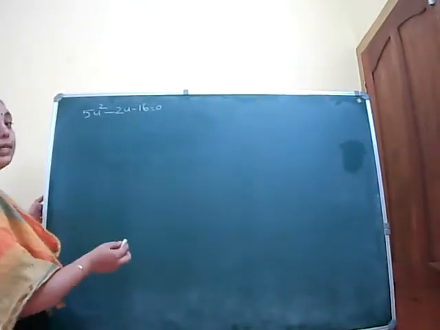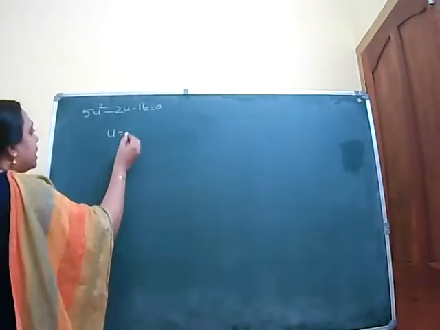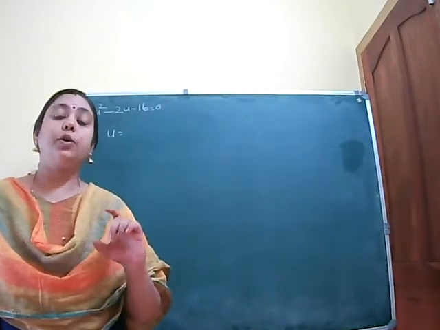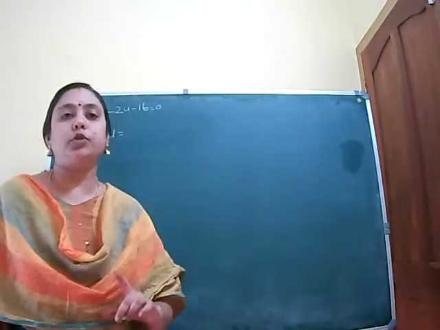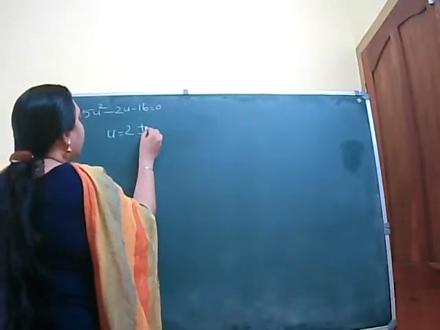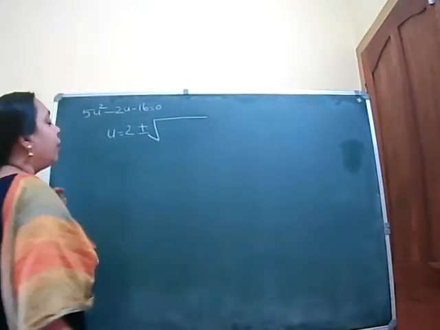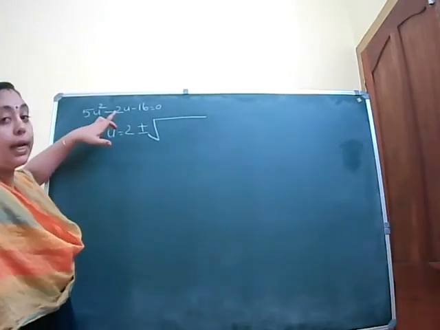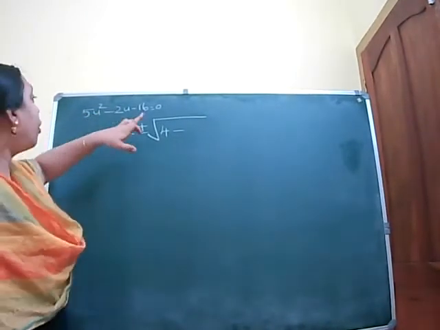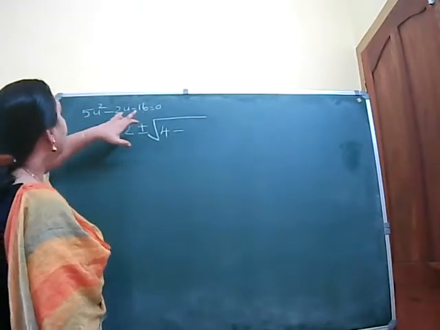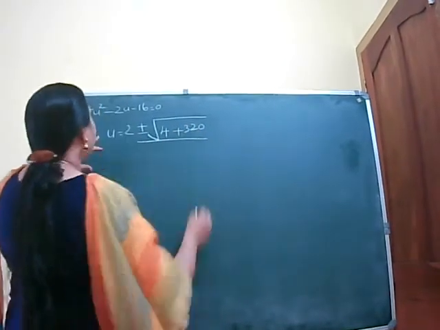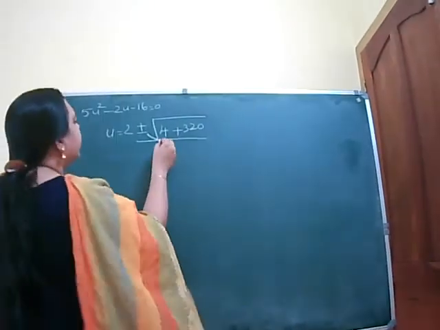Okay, that is u is equal to minus b plus or minus square root of b square minus 4ac divided by 2a. Minus b, that is 2, plus or minus square root of b square minus 4ac. b square is 4, minus 4ac, that is 320, divided by 2a, that is 10.